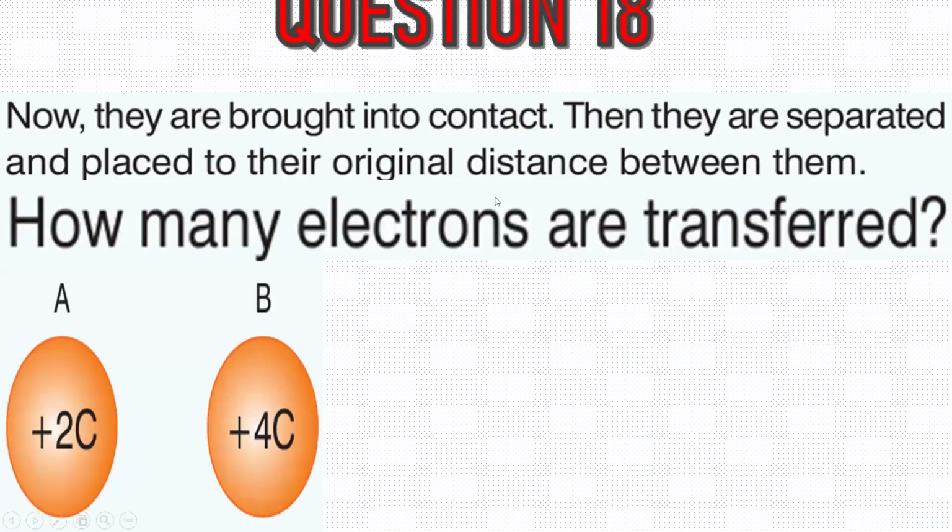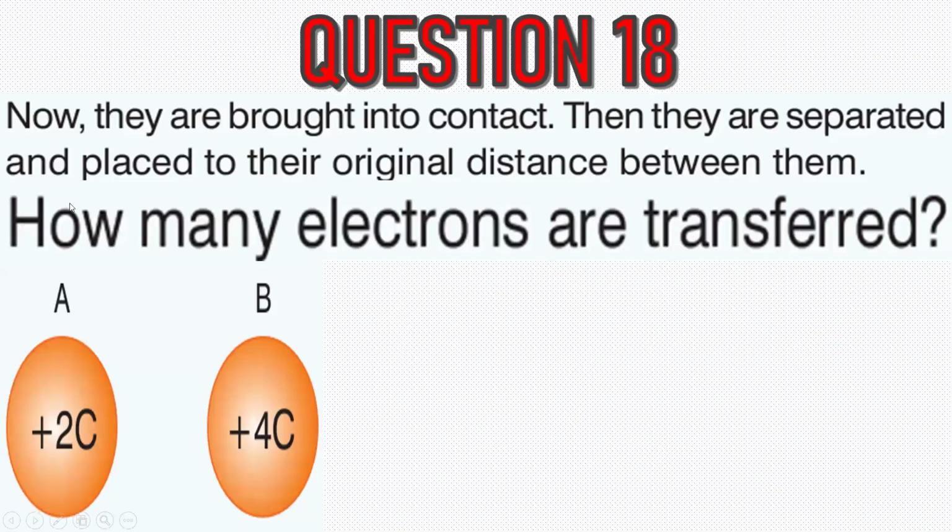One more time, a long calculation. We already calculated the final charge, so you can use that one: Q final equals 3 coulombs. This one will take time, maybe 1 or 2 minutes. But please stop the video and try first. Write all your solution, not just your answer. You are not getting marks just for the answer.